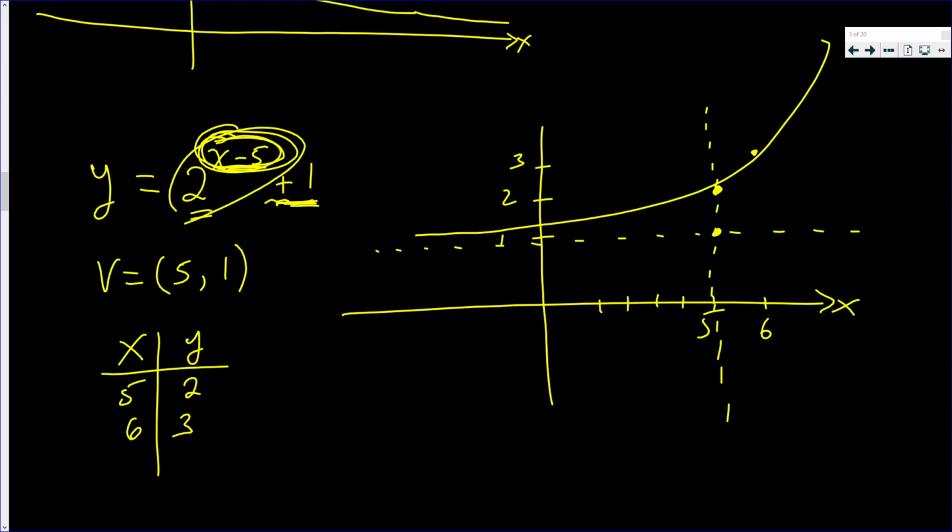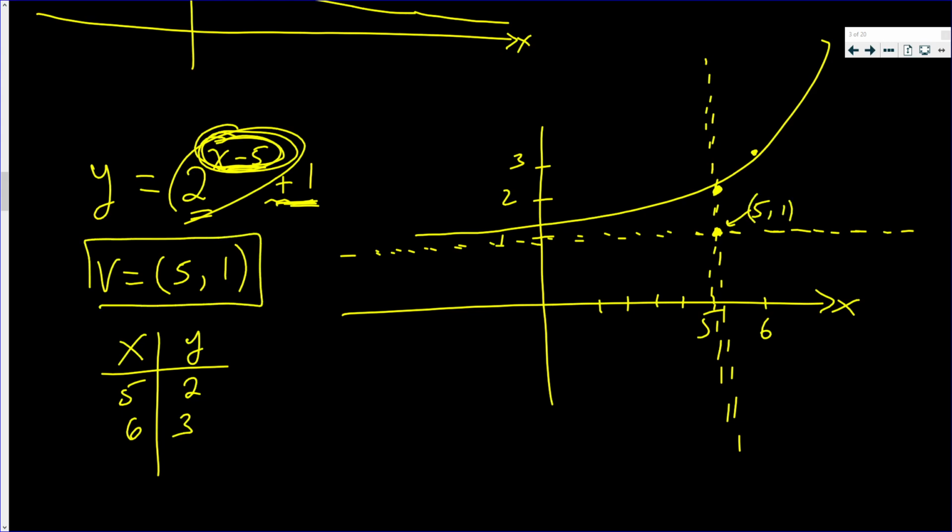Okay, pretending that this is the axes, the graph doesn't look any different than it did before. We just moved the axes 5 to the right and 1 up. That is why that point right there is 5, 1, just like we said the vertex would be, or the origin would be.